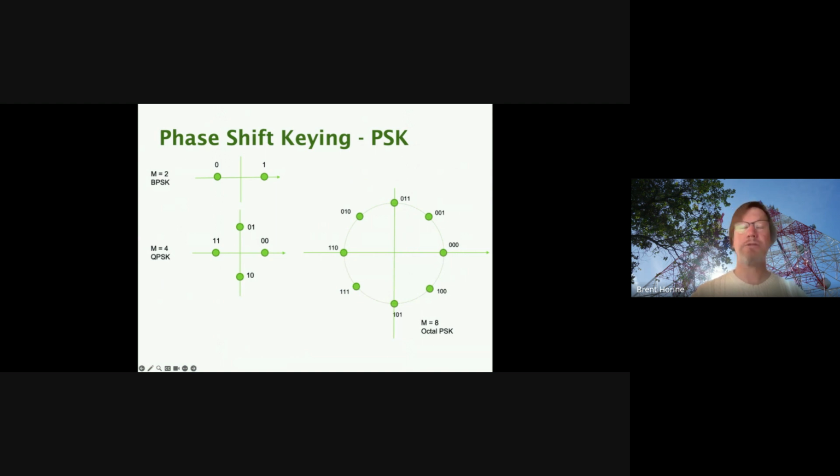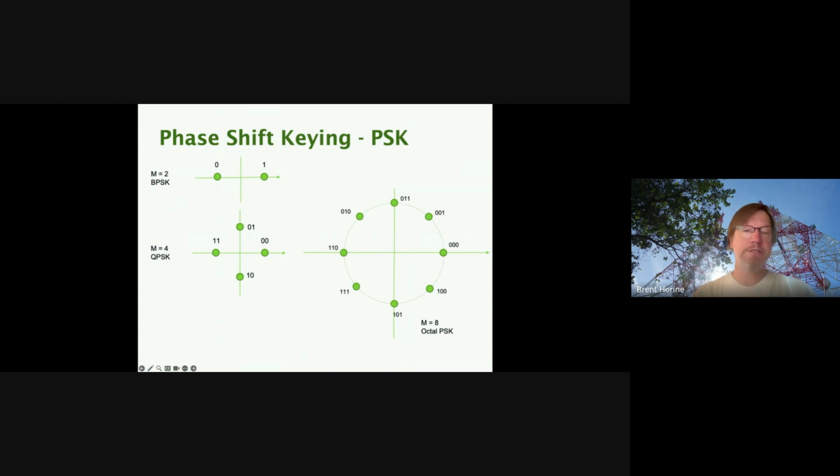The constellation looks the same. And in fact, we call this binary phase shift keying, or BPSK. And so that is functionally equivalent to pulse amplitude modulation. By convention, we tend to call this BPSK rather than PAM, even though it looks the same.